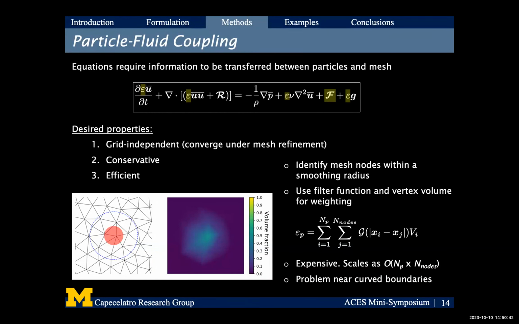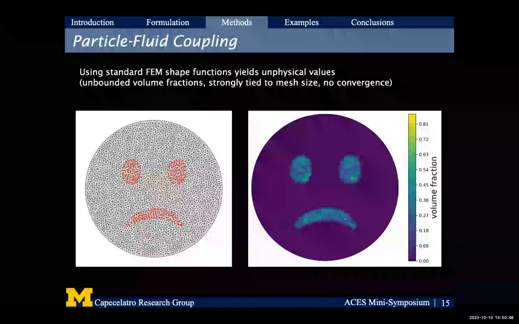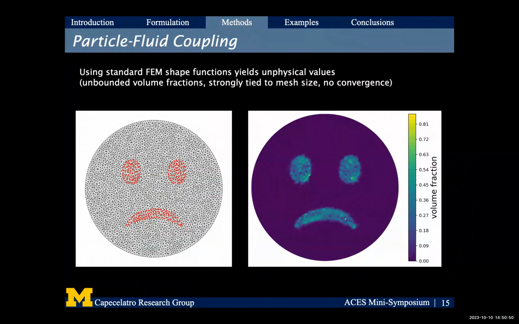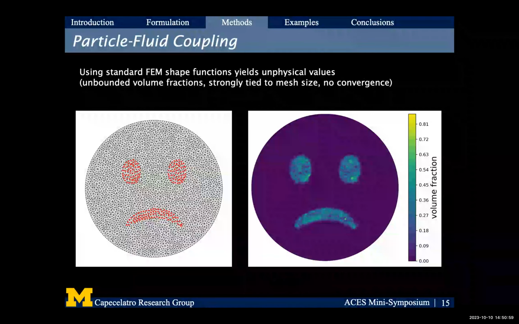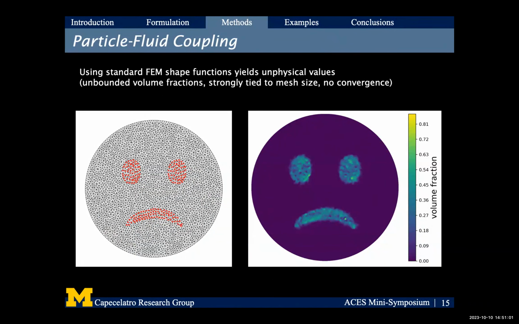We're using a filter function that's consistent with the coarse graining I showed earlier. The problem is, if we use standard finite element shape functions to project the particle data to the mesh, something that, when we looked in the literature, we assumed people had figured out.